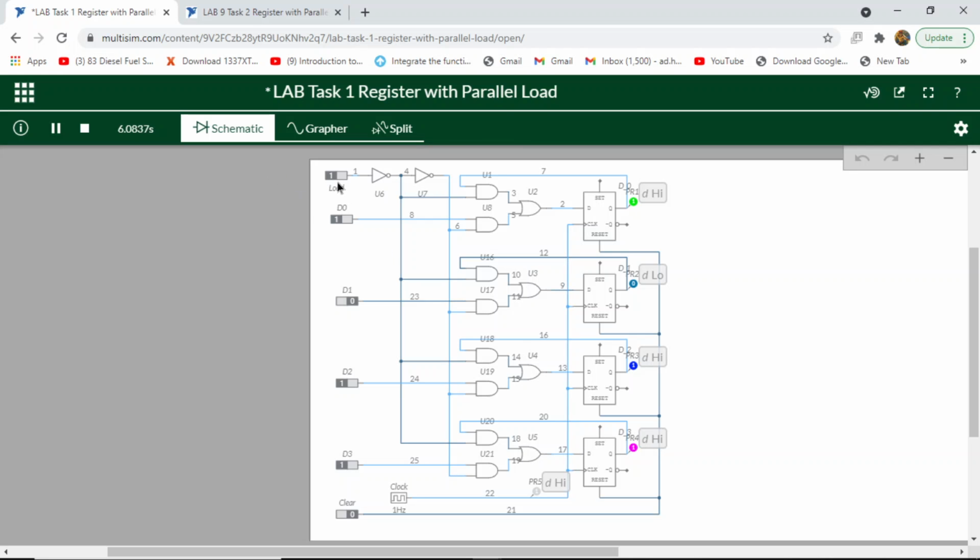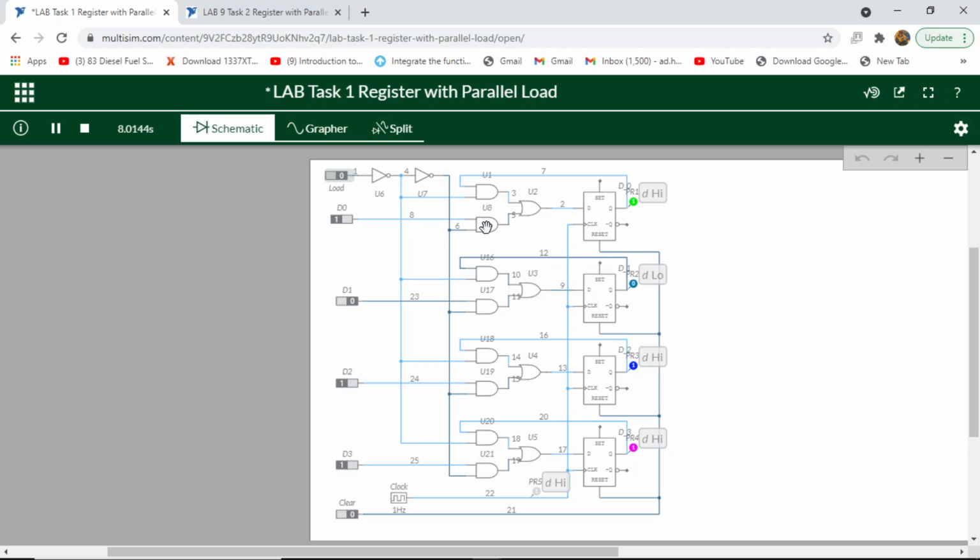As the load is active now, deactivate it. It shows the same output because by deactivating the load, D1 is 1 and D0 is 0.